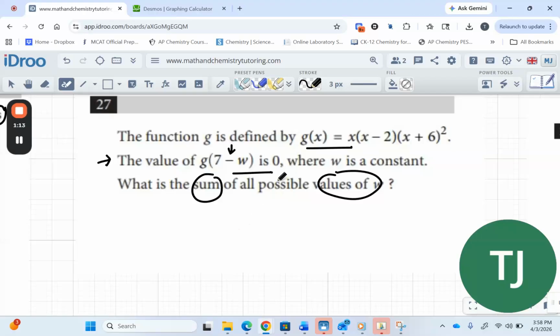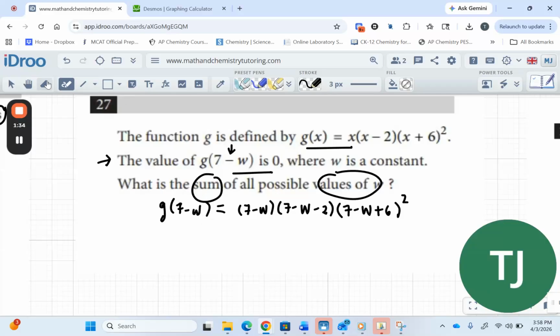So let's do that. g of 7 minus w is equal to, x will be replaced with 7 minus w, and then again 7 minus w minus 2, and then 7 minus w plus 6 squared. And it's stated here it is equal to 0.